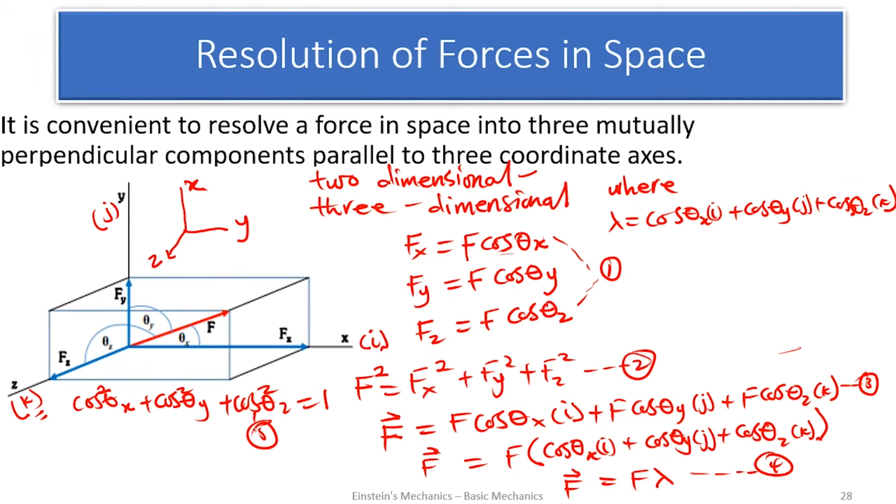This is our fifth formula. So in case you are looking for a missing angle, you can use this formula. Cos squared theta x, cos squared theta y, cos squared theta z should sum up to what? 1. Should sum up to 1. And with this, you can find any missing angle.